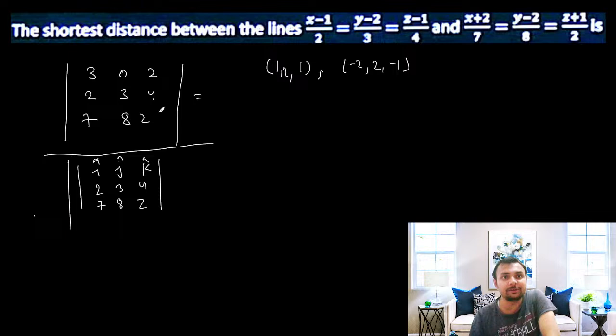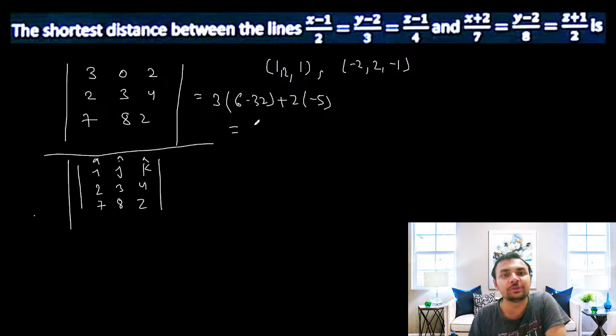We calculate 3 into 6 minus 32, plus 2 into 16 minus 21, which is minus 5. Now the numerator is 26 into 3 minus 100 minus 78 plus 10, which is minus 88.